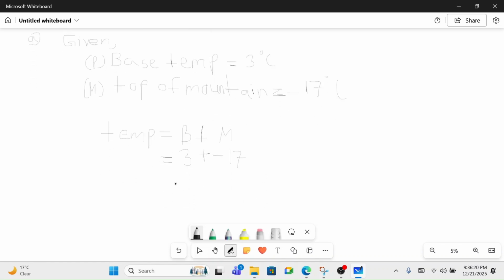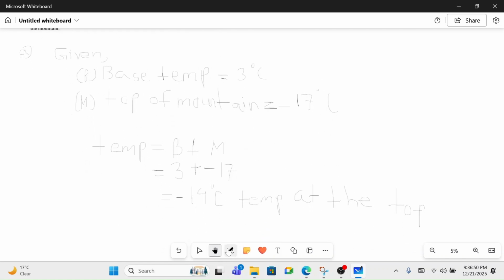Okay. Now what will this give us? 3 plus -17 will give us an answer of -14. So this is the temp at the top. So this is our answer for question number 4A.